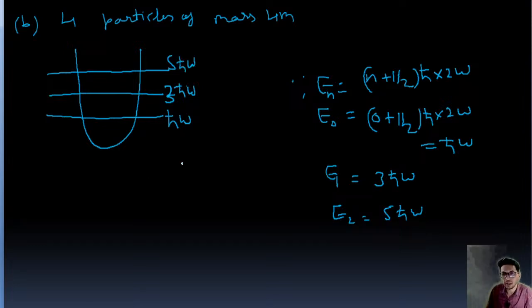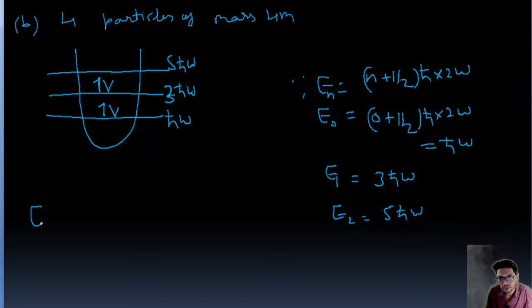Now you can see that the spin of the particle is half, which means only two particles can stay in one level, according to the Pauli exclusion principle. So 2 particles will be in the lower level and 2 particles in the next level, right?